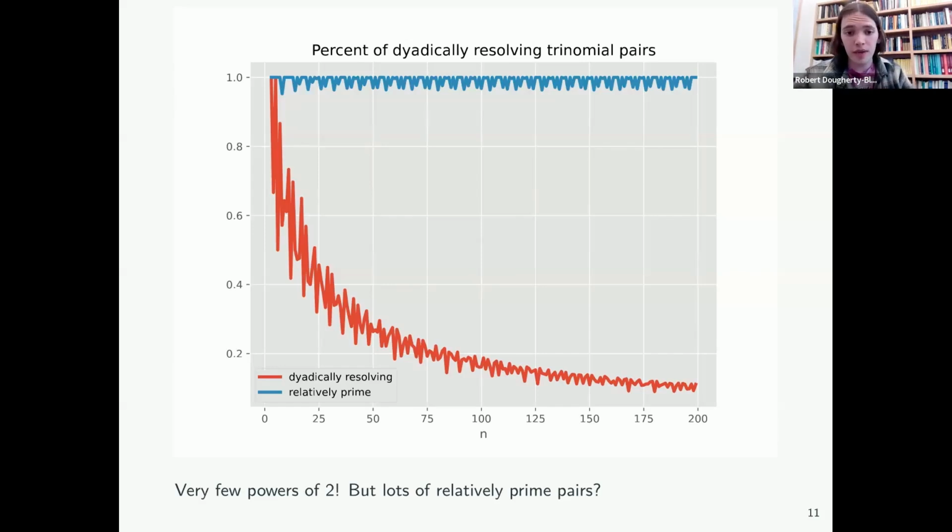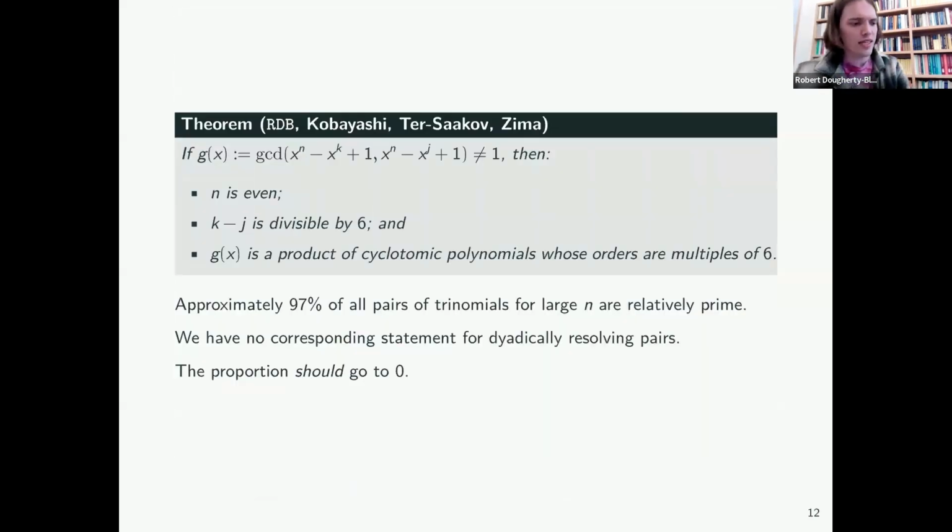So we don't know how to explain exactly how fast the red line goes down to 0, or indeed if it actually goes down to 0 at all. But we do know how to explain why the blue line is so high. There's this interesting little fact about trinomials that goes like this. If you have two trinomials of this form, and they are not relatively prime, then they have to satisfy certain very stringent conditions on their parameters.